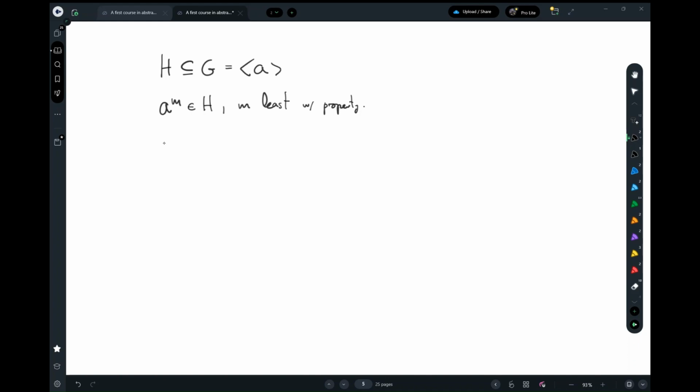And now suppose I have some other element of H, let's call it little h, and well, H is contained in G, which is generated by a, so h is also some power of a, a to the t for some t.